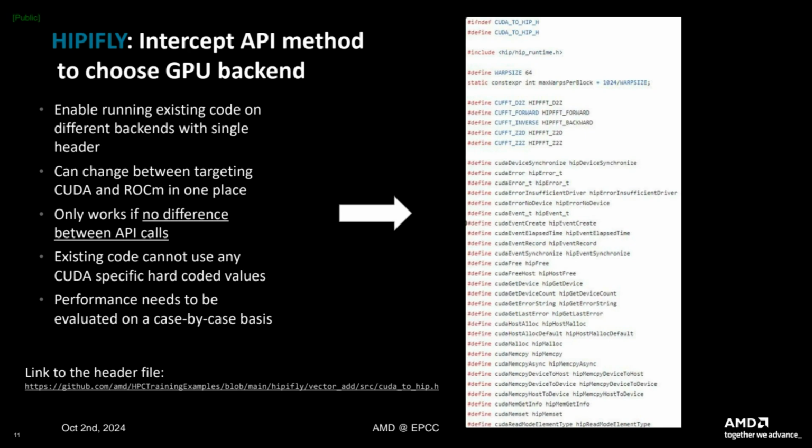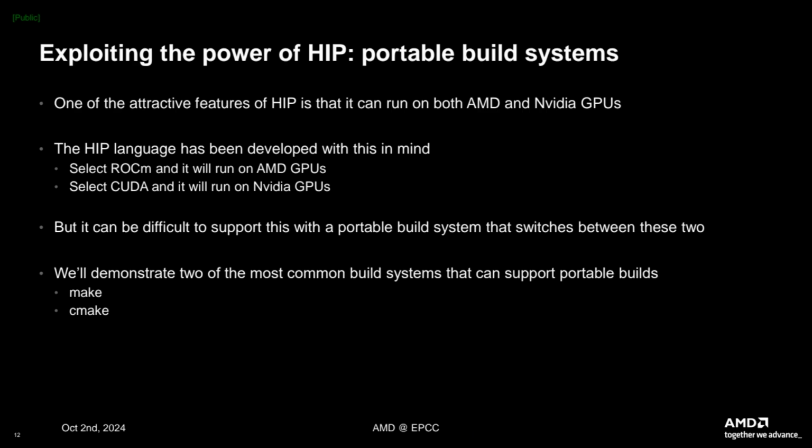So let's just take a quick look at how to have a portable build system so that you can seamlessly run on AMD GPUs through ROCm or NVIDIA GPUs through CUDA. And we're going to take a look at Make and CMake just because they are arguably the most popular build systems.